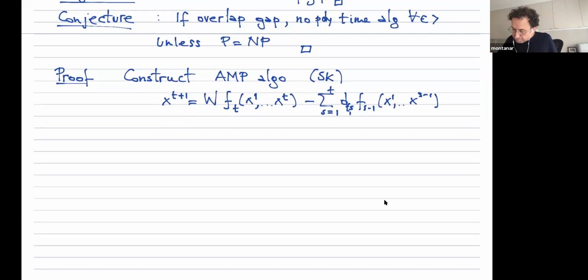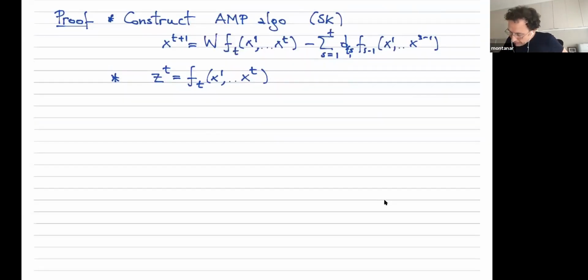Now, this is a difficult task. It becomes easier if one simplifies, somehow reduces the space of algorithms. And a good way to reduce the space of algorithms is to impose a martingale structure.